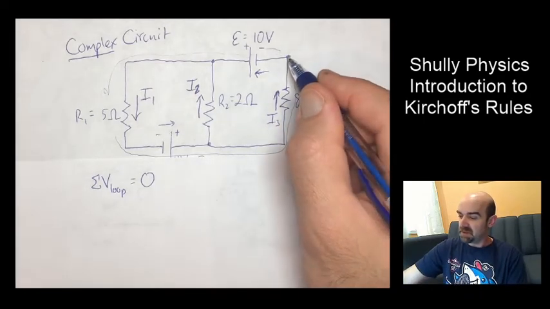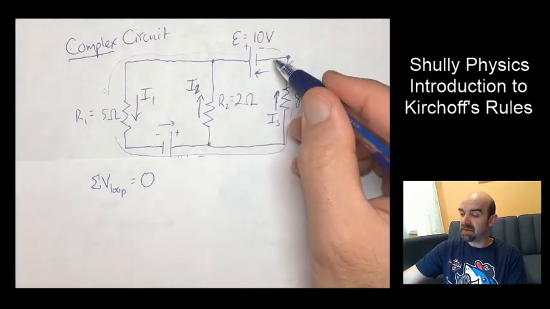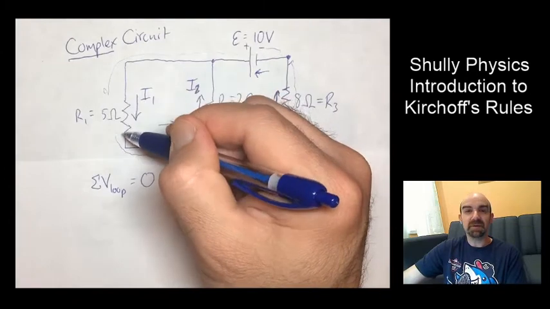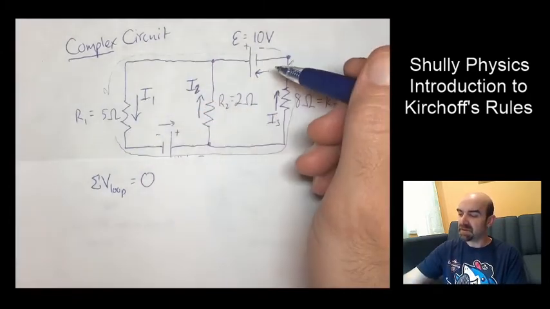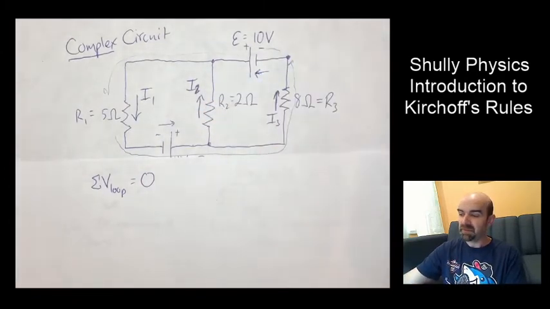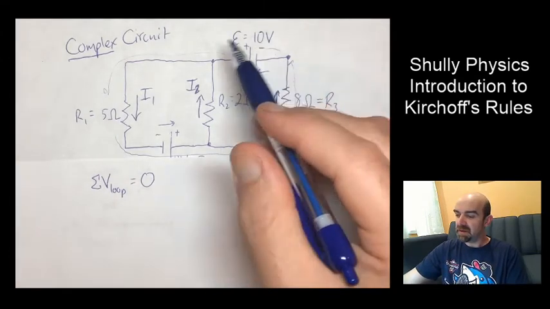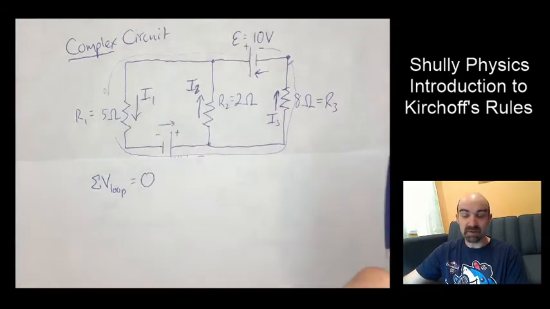I'm going to start with potentials. If I go across a battery from negative to positive, that's going to be a positive potential change. If I go across a resistor, you've got to be careful. I'll have to look at the flow. Actually, let me back up a second here. The flow does matter across the resistor.